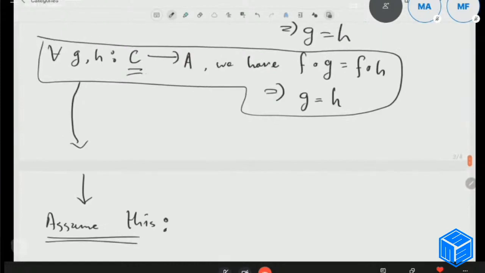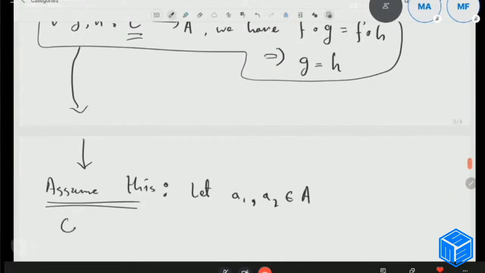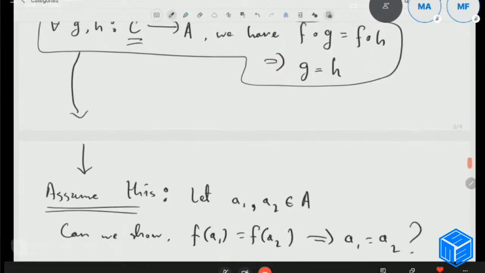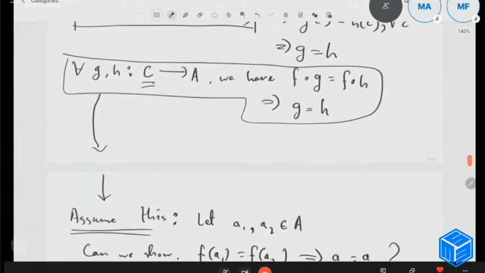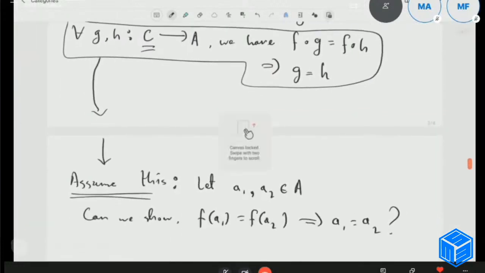We want to show this: let A1, A2 be two elements of A. Can we show F of A1 equals F of A2 implies A1 equals A2? Any ideas?